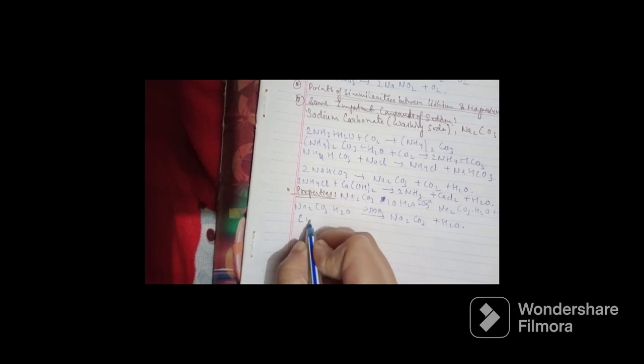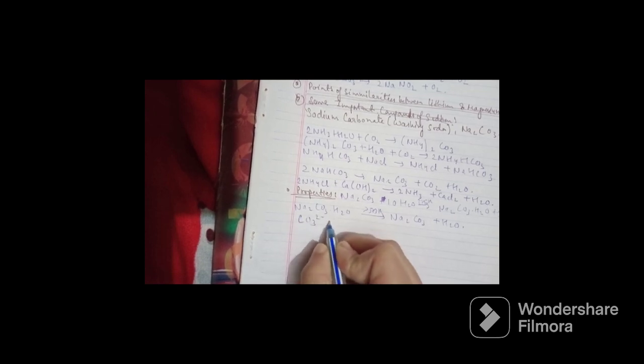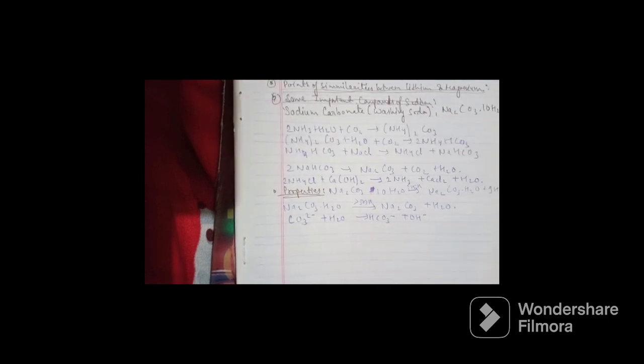The carbonate part of sodium carbonate gets hydrolyzed by water to form an alkaline solution: CO3 2 minus plus H2O gives HCO3 minus plus OH minus. Now we talk about the uses.